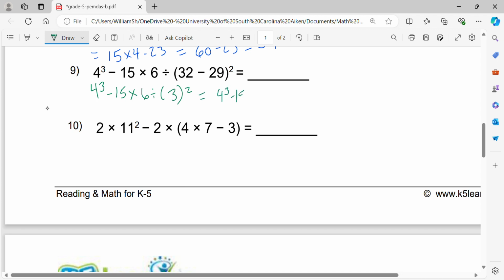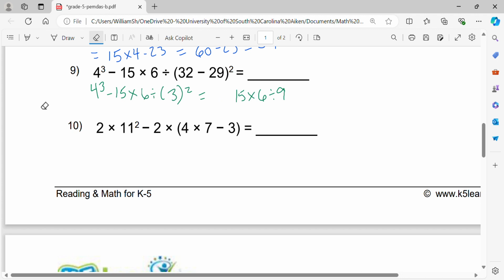And I need to square that. So I have 4 to the third minus 15 times 6 divided by, now 3 squared is what I'll do next. So 3 squared is 9.